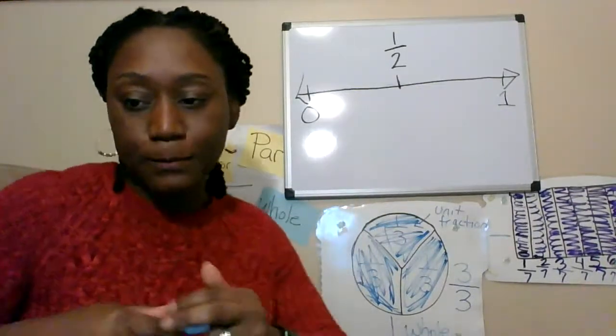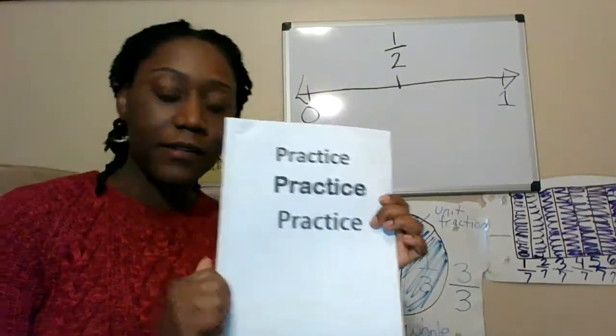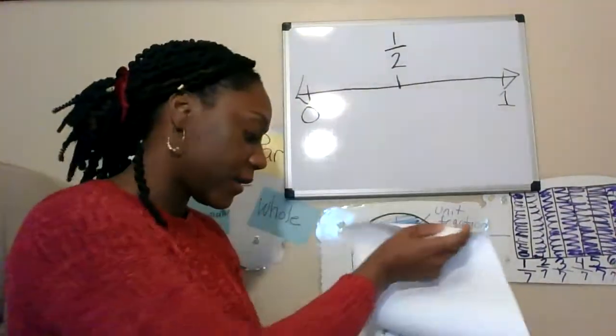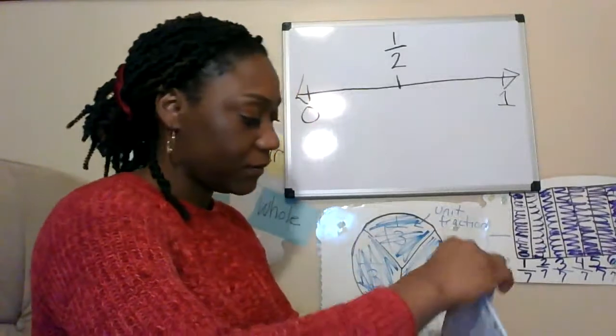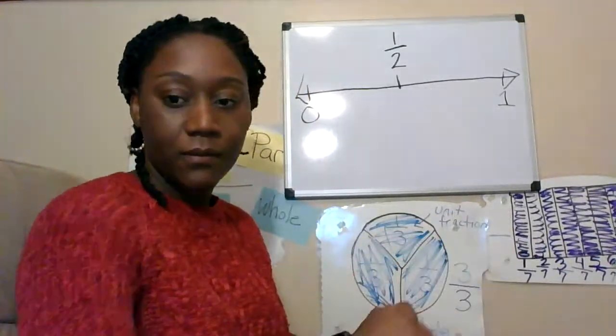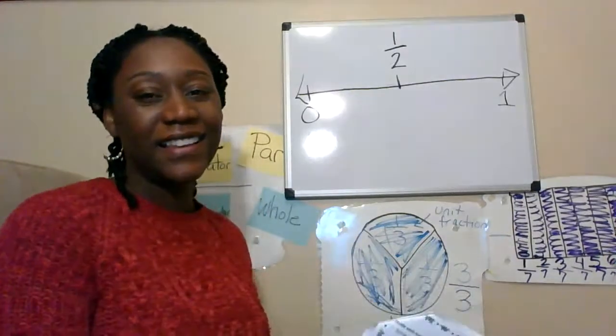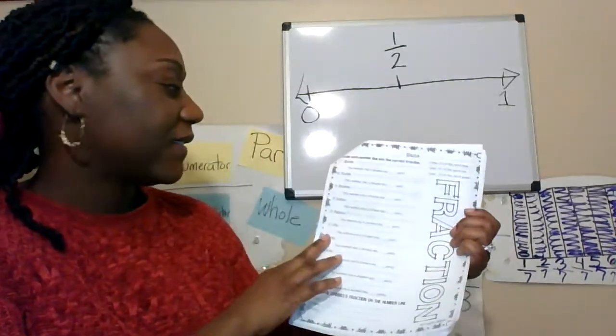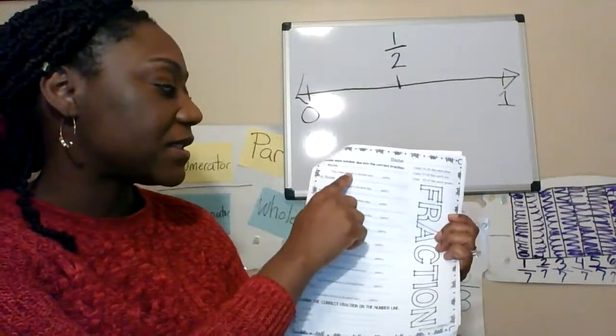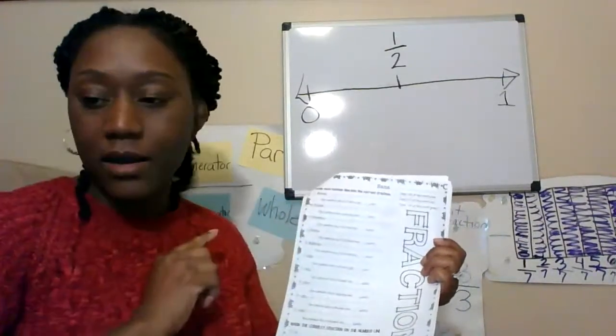Now in your packet, I don't know if you have your packet in front of you, but inside of your packet, it says halves. This number is divided into how many parts?